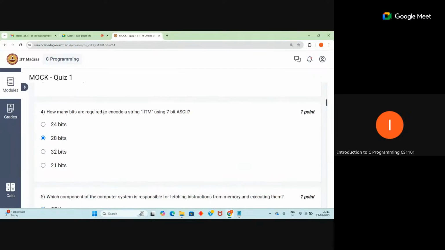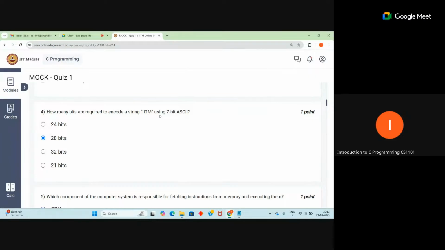How many bits are required to encode the string IITM using 7-bit ASCII? Generally we represent data using ASCII format. Suppose you enter some integer, say 10. First it will be converted into binary, and it is represented using as many bits as are required to represent 10.